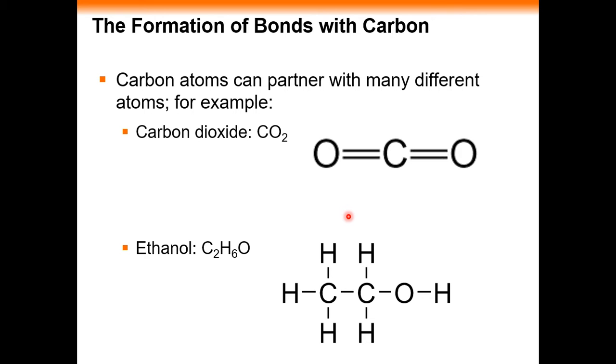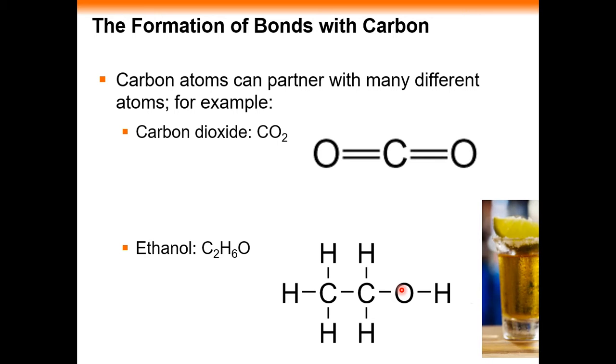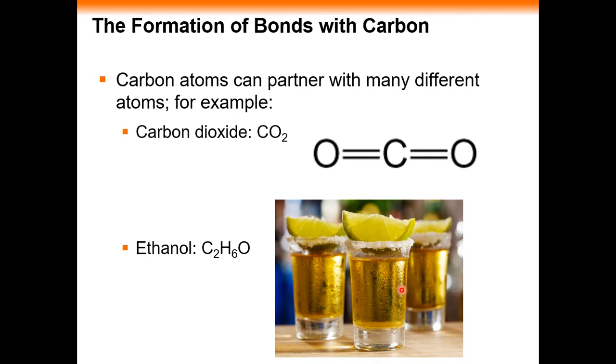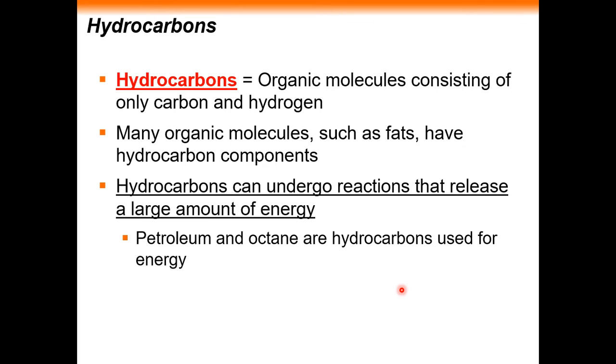And these are some really important molecules: carbon dioxide, the gas you breathe out, in the nice fizzy bubbles in soda, how awesome is that? Or ethanol, like we said here, that is the lovely alcohol, which you should drink responsibly, in beer and in different types of spirits and stuff.